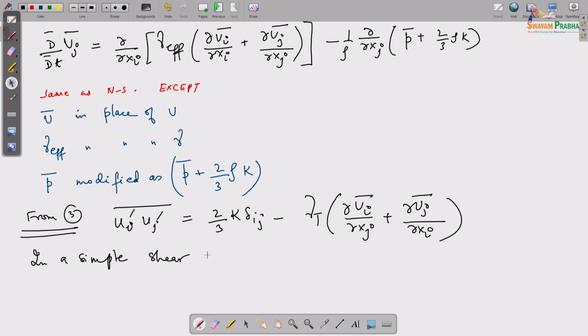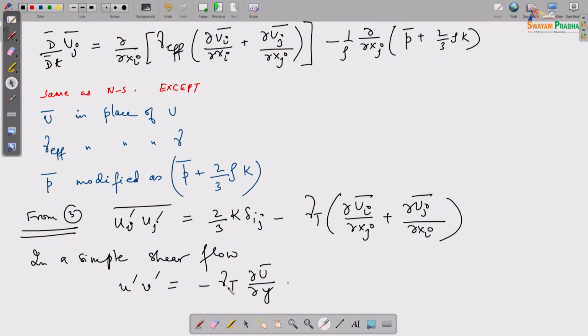So essentially in a simple shear flow, it's easy to visualize. What we are basically saying is that the shear is nothing but viscosity times velocity gradient, exactly similar to what we have learned earlier, except that you are looking at the turbulent quantities here.